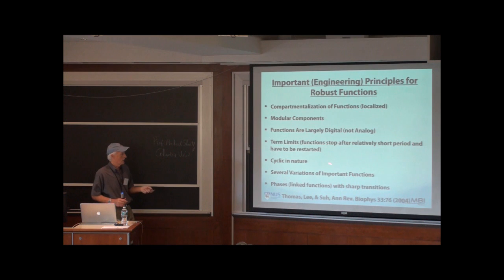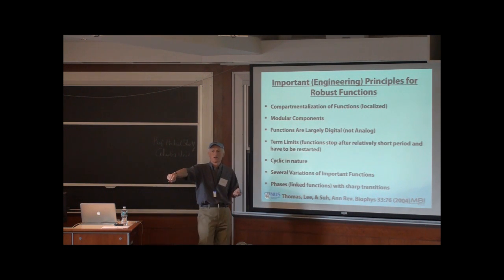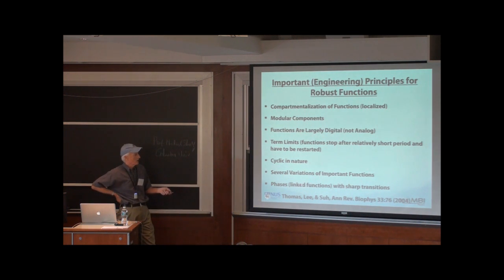So, and then there are several variations of important functions, namely that you find out if you knock out many proteins, the cells will go on just fine, or you can knock out a given function and an alternative function will come into play.